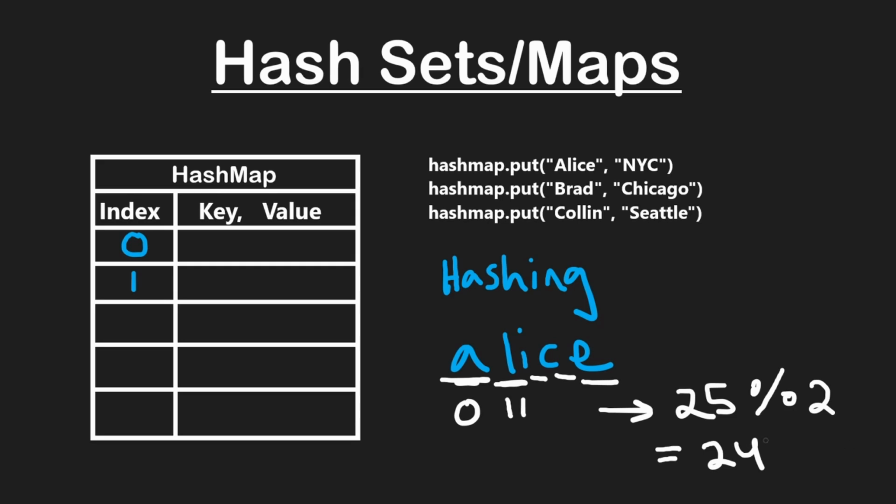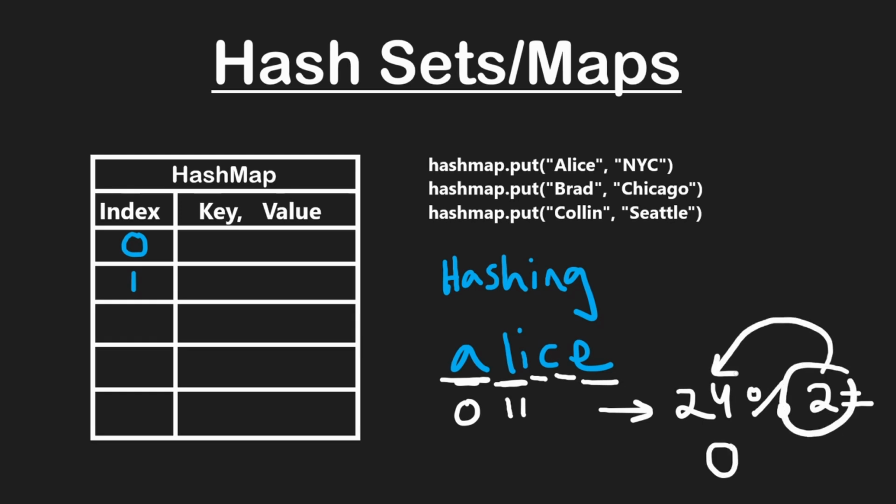So that's too big. With 24, we have a remainder of 1 left over. Now, if instead of 25 we actually had 24 and we were modding it by 2, then we would have a remainder of 0, because 2 does fit into 24 perfectly 12 times, and then we're left with a remainder of 0.